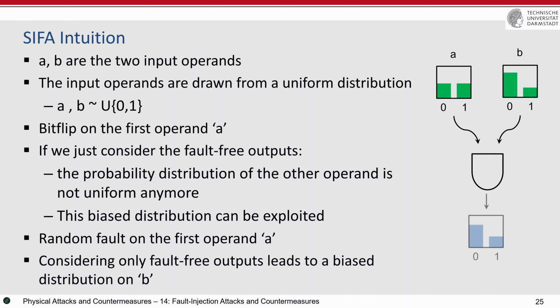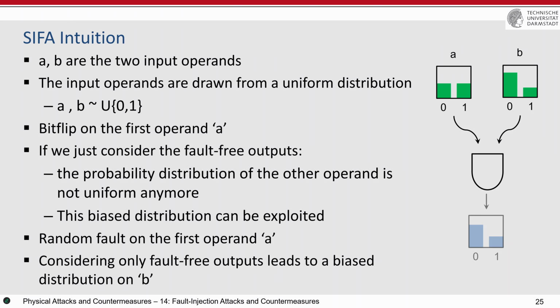Even with a random fault, you concentrate only on fault-free outputs. You inject a fault, look at the output, see it is correct, and say this belongs to the correct group. You inject the fault again with another input, the output is faulty, you throw it away, or put it in another group which is called effective fault.